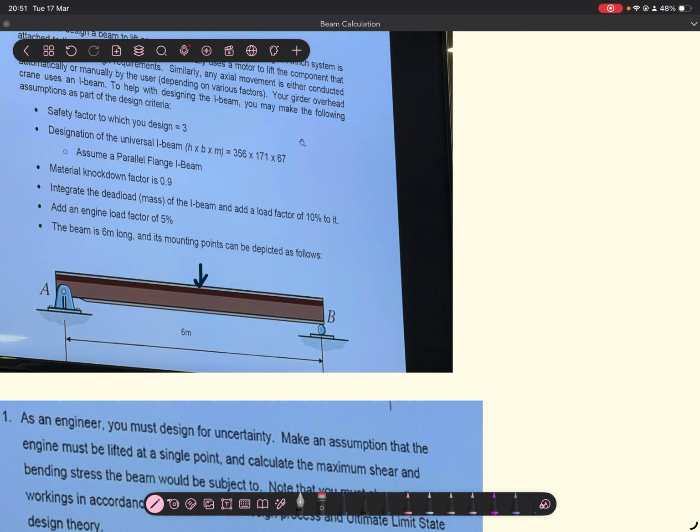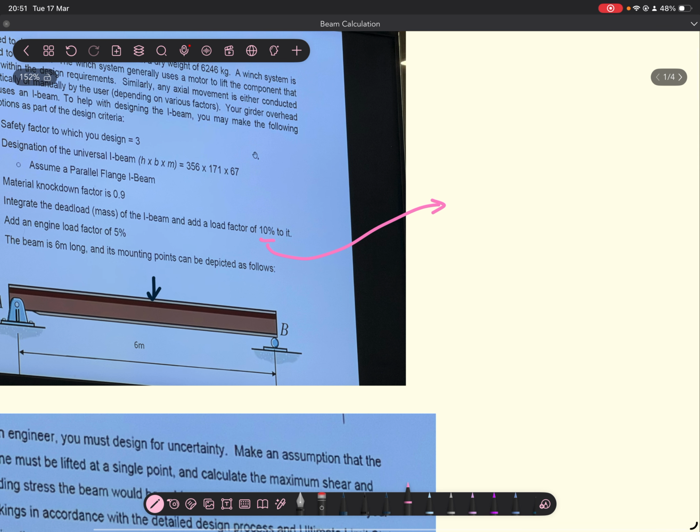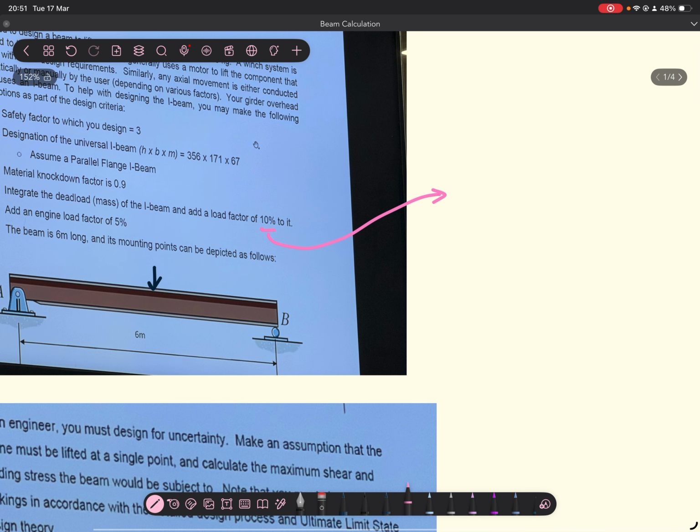So we're going to say the mass of it, so the weight, times 1.1, right? Don't multiply by 0.1, because then you're saying you have 10% of the weight. You're not adding 10%, you're taking only 10% of the weight.